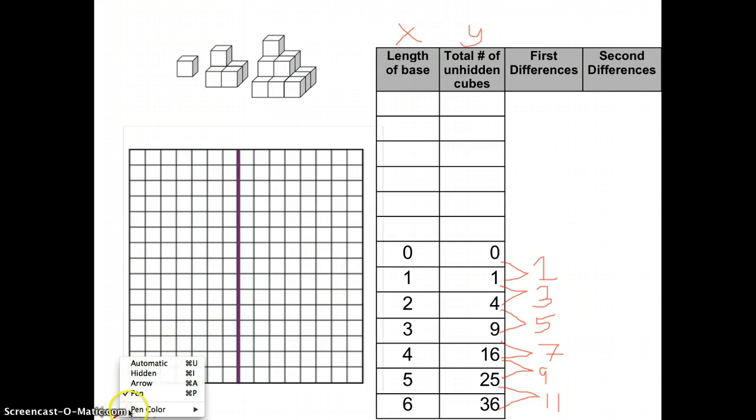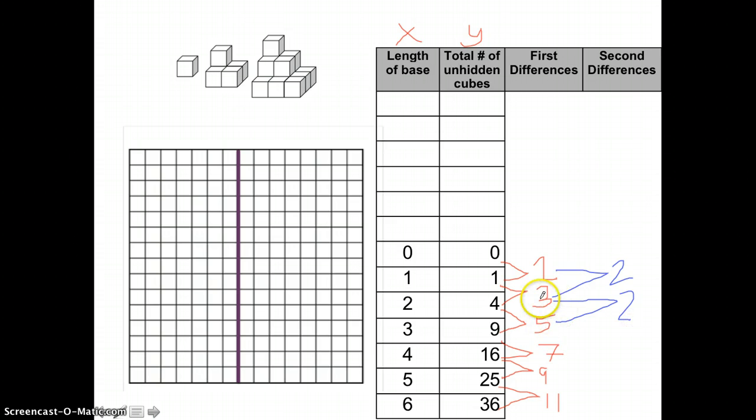Okay, so now if we're looking for our second differences, let's change to another color. Second differences are about taking the differences between the first differences. So from 1 to 3, that's a difference of 2. It's positive because we're going up from 1 to 3. And then from 3 to 5 is 2 again. I can do that by doing 5 minus 3. Next I do 7 minus 5 and I get 2.